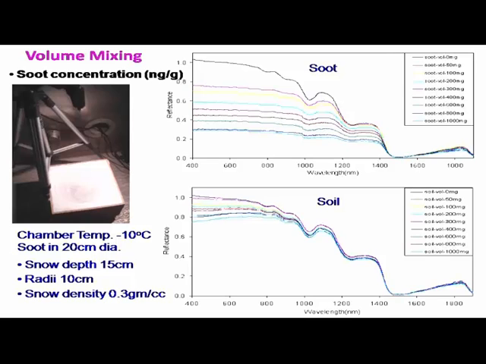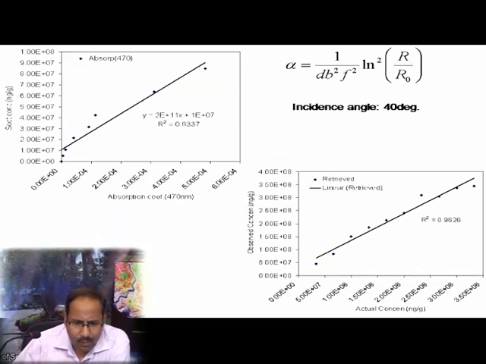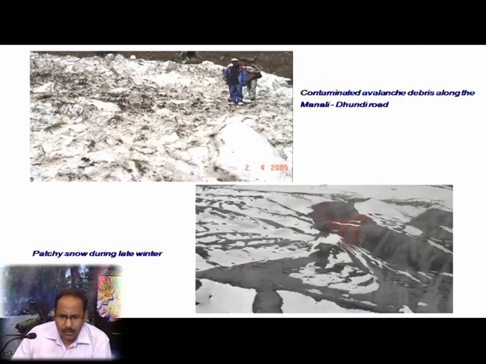These experiments were conducted in cold chambers, at very low temperatures, and from that we tried to make an empirical relation, from where, if you know the change in the absorption coefficient, then you can estimate the soot concentration. There we found a very good correlation between the actual concentration and the observed concentration of the soot.